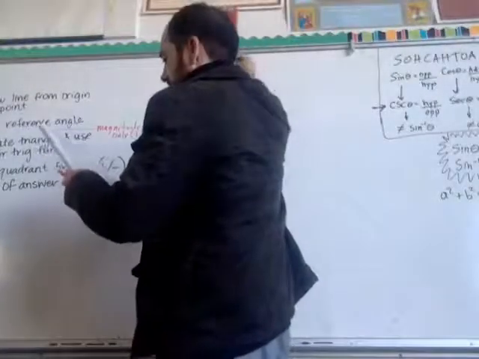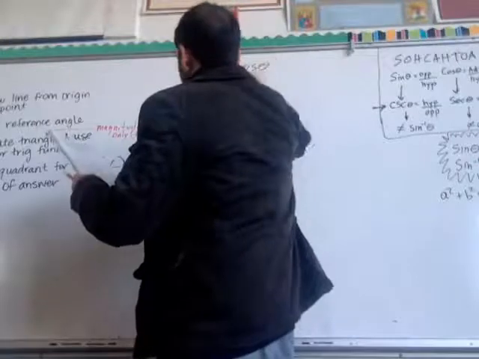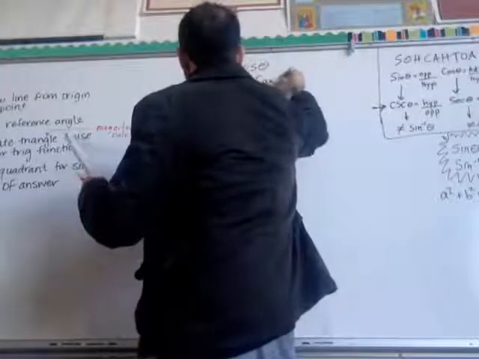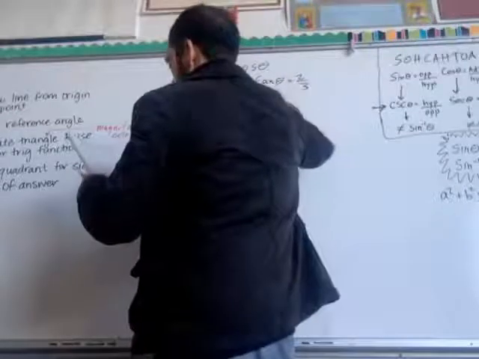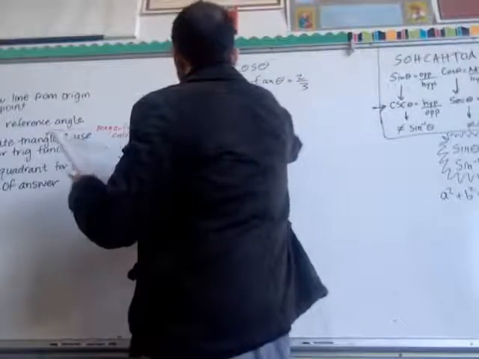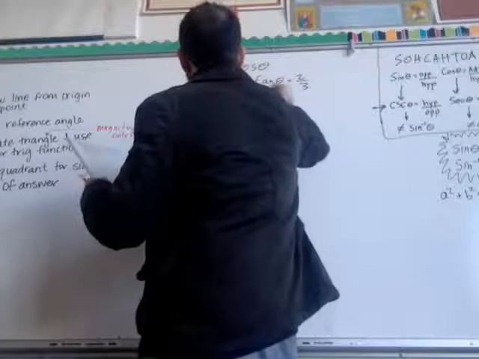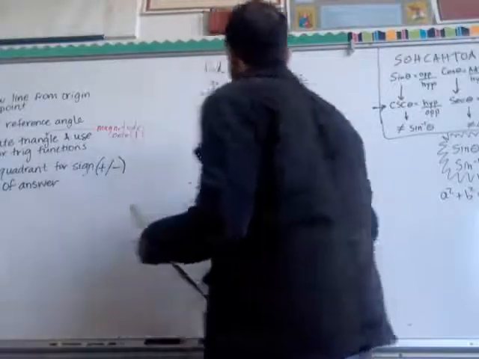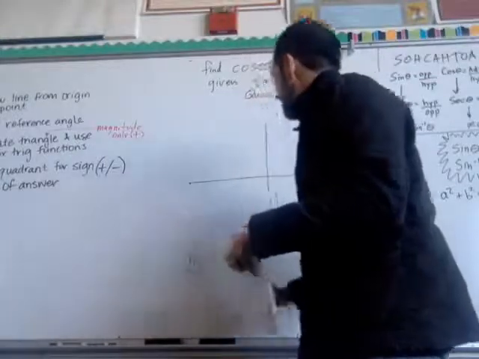Find the cosine of theta given that the tangent of theta is 2 over 3, and we're in quadrant 3. Just to get a reference, I know it's down here somewhere, quadrant 3.